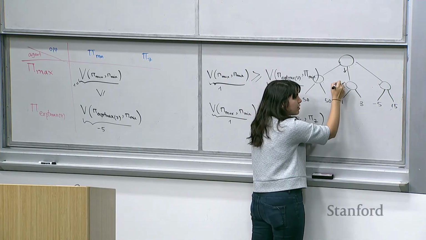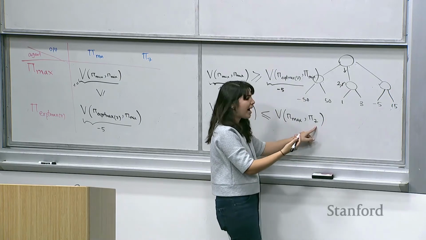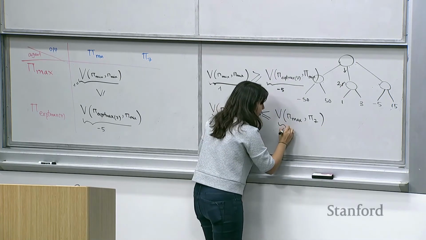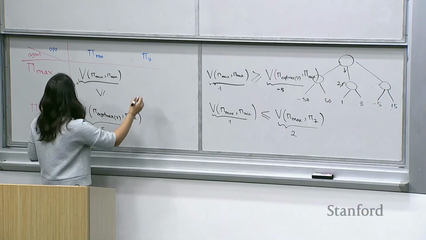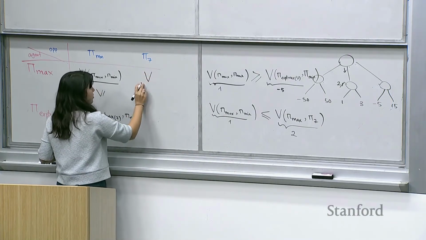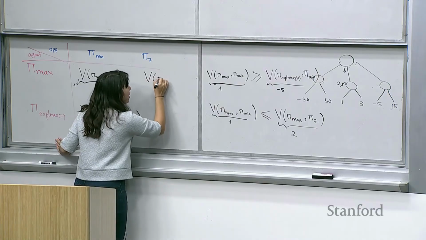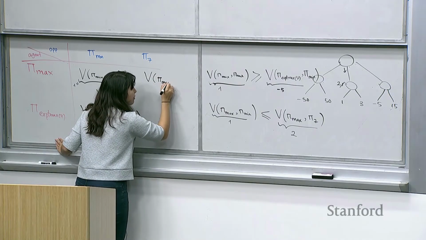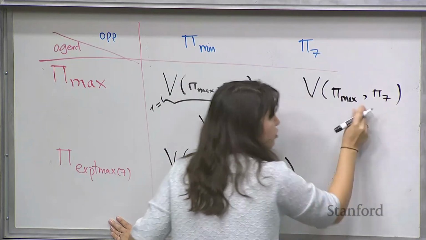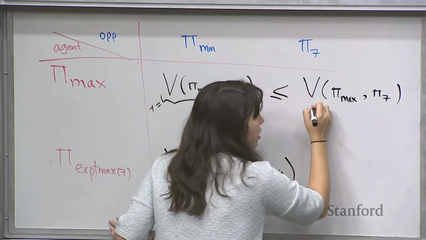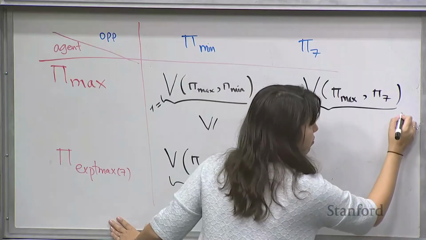And that actually corresponds to 2. I'm going to get value 2 instead of value 1. So this is actually equal to 2 in this case. And this corresponds to this value in the table, which is, again, the agent is following a maximizer, assuming the opponent is a minimizer. The opponent was not a minimizer. The opponent was just following pi 7. And this is just equal to 2.